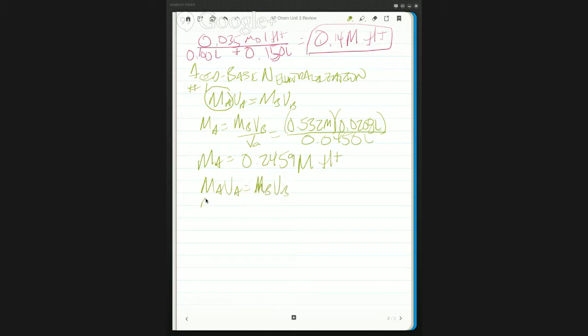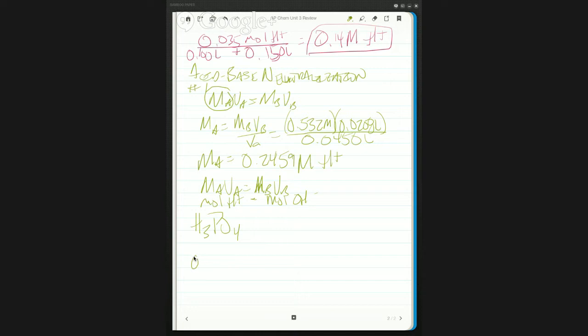Now, if you'll remember, when I do MAVA equals MBVB, it's all about the moles of the H+ being equal to the moles of the OH-. Now, phosphoric acid is H3PO4, so that's an issue because it's not just one H+, that's 3 H+.